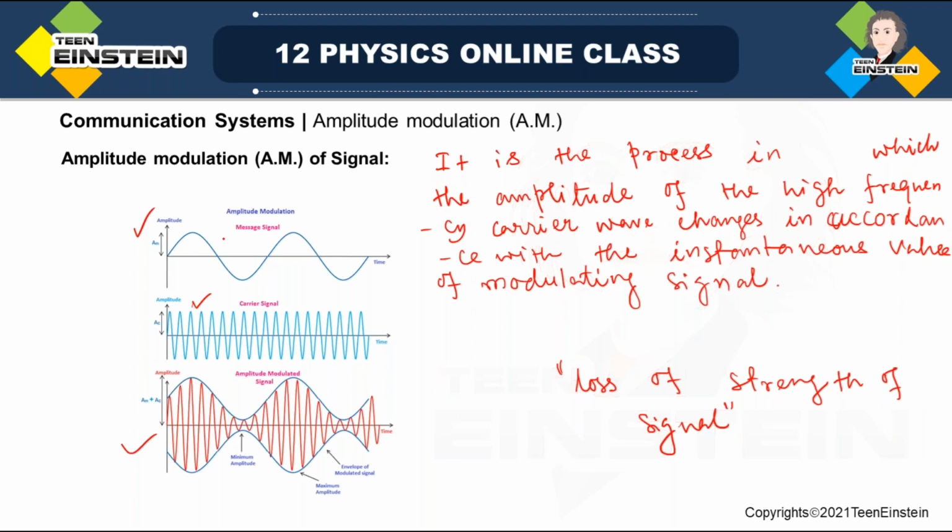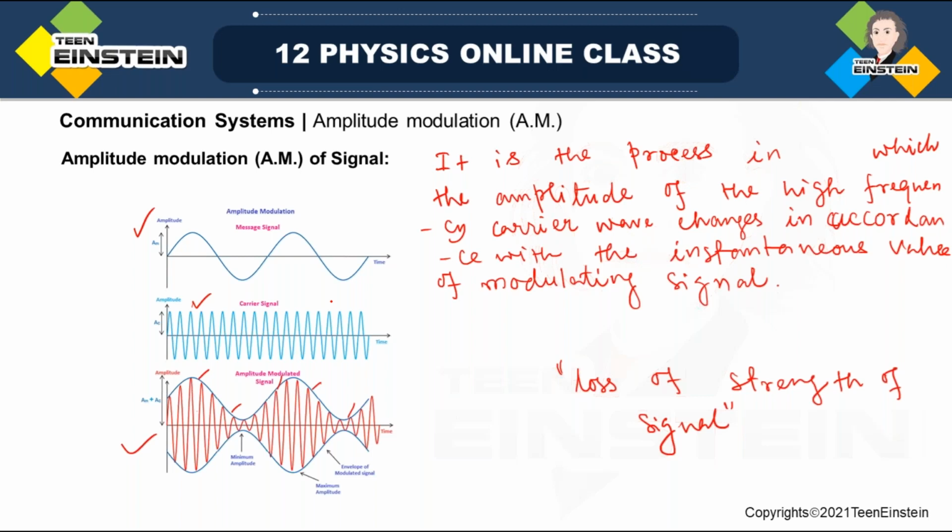You can see that this is the message signal and this is the carrier wave, which is modified by the original signal. The amplitude of the carrier wave changes according to the original signal or the message signal. This is what happens in amplitude modulation.